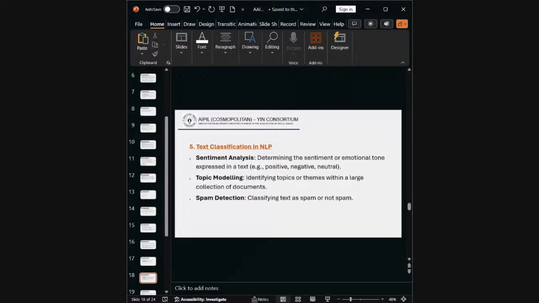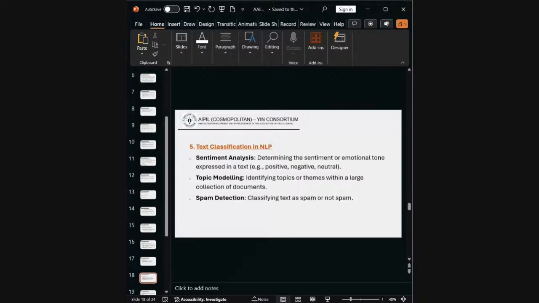It can also identify topics or themes within a large collection of documents, what is termed topic modeling. And the one I find very useful and interesting is the ability to classify spam messages. That comes under text classification. So we have sentiment analysis, topic modeling, and spam detection, number 5.